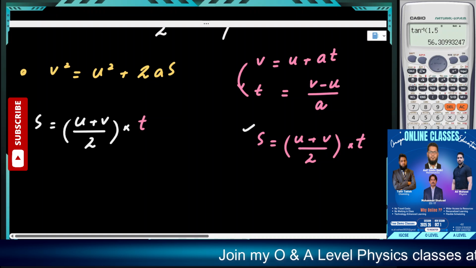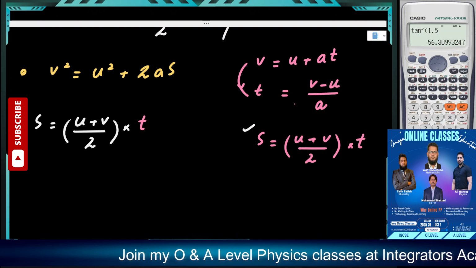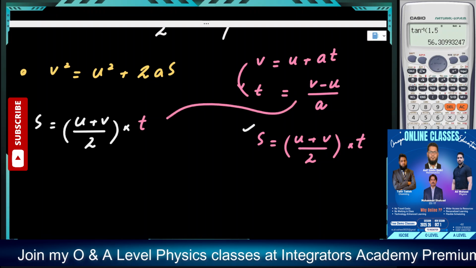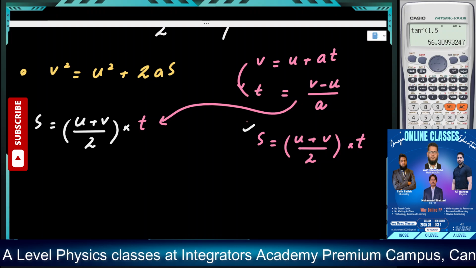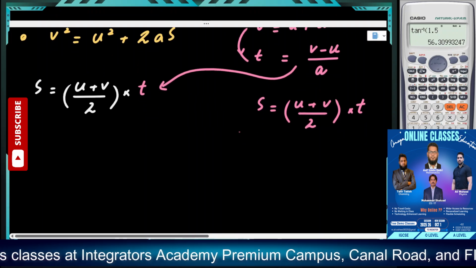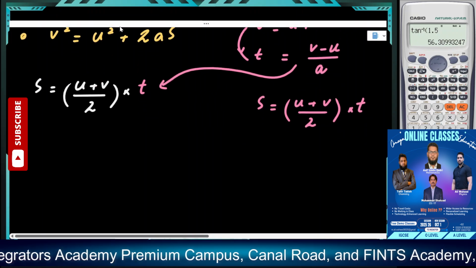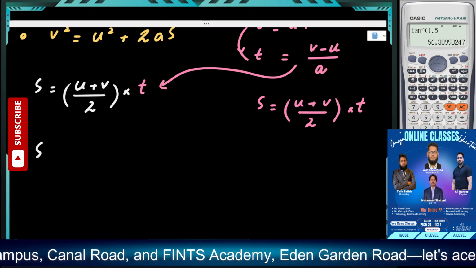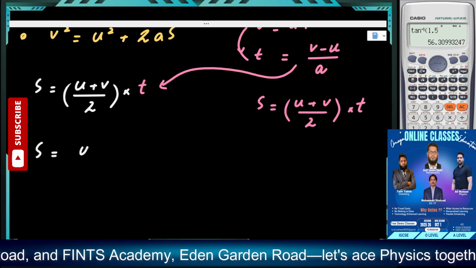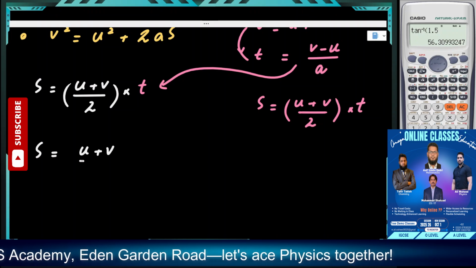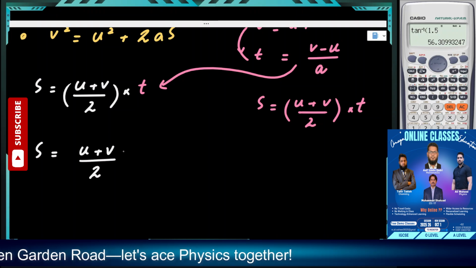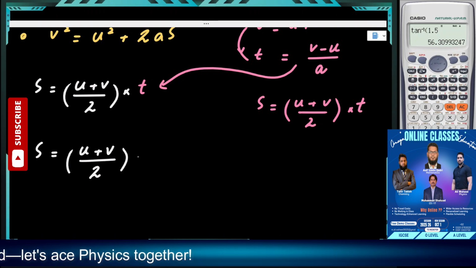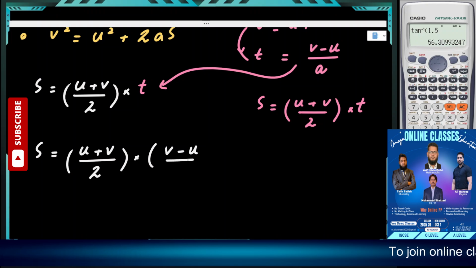In the next step, I'll insert the expression for t over here. So t equals v minus u over a. So I can write it this way. Instead of t, I can write v minus u over a.